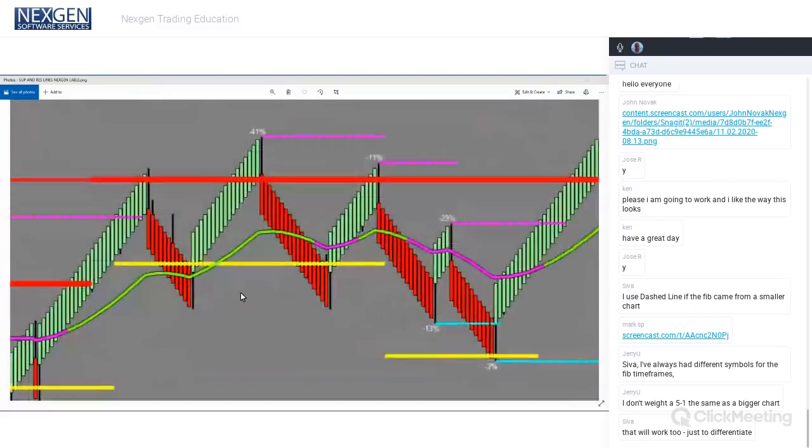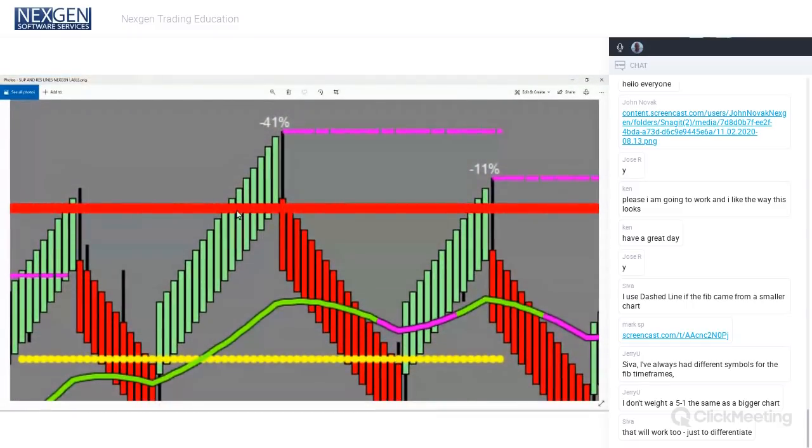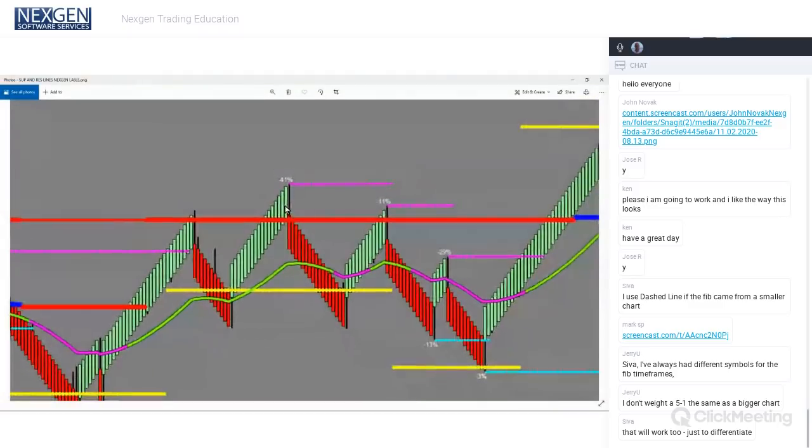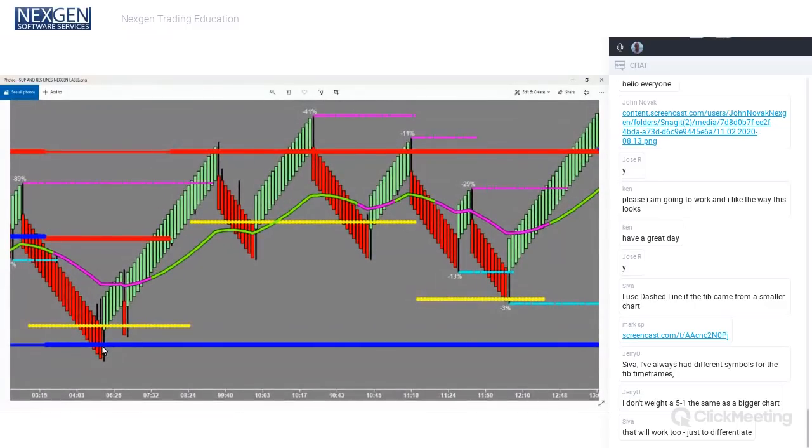When you look at a fib by itself, it's an area, and what we're trying to do is define whether that area is going to hold or break. Blue lines are supports, yellow dots could be support or resistance depending.